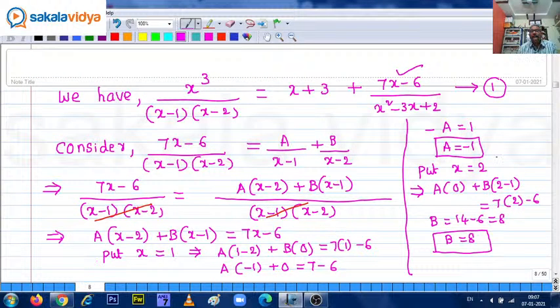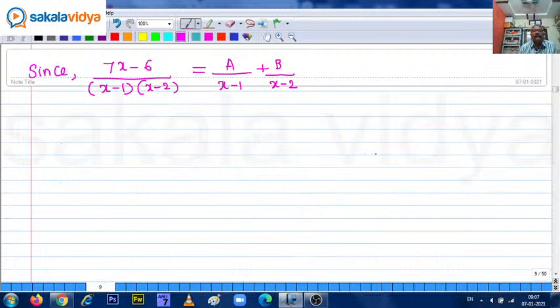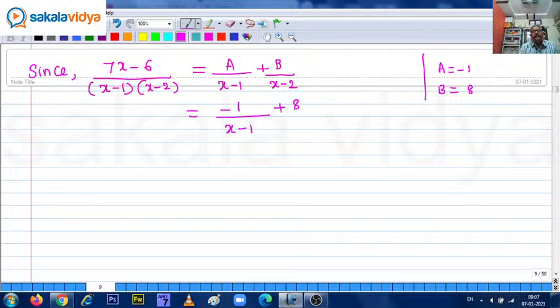So what is the A value? A value is minus 1, B value is 8. So this equals to minus 1 upon x minus 1 plus 8 upon x minus 2.